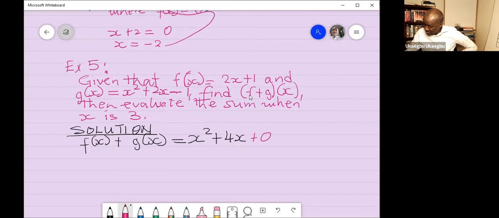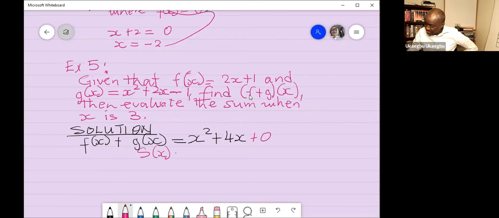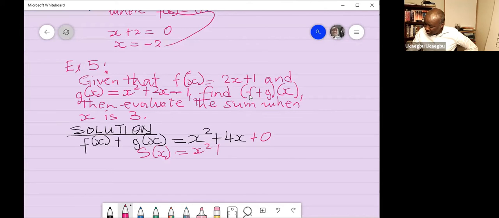Then it says evaluate the sum when x is 3. So all you need to do is, you see, this is your sum. You just plug in 3. Exactly. The sum is x squared plus 4x. And the sum now is, you substitute 3 wherever you see x.